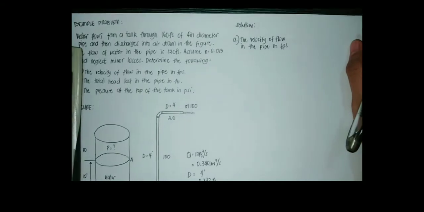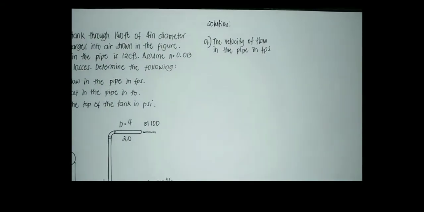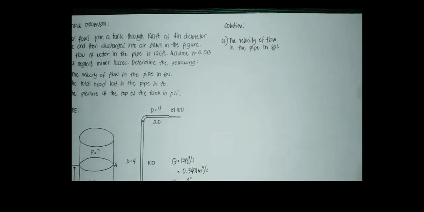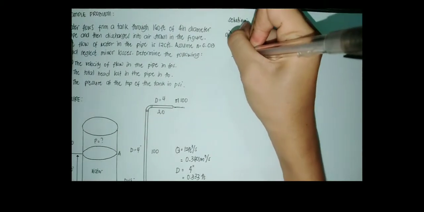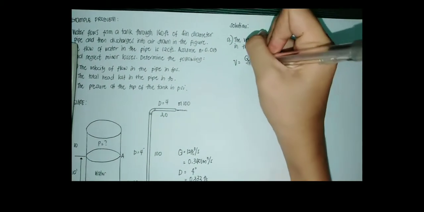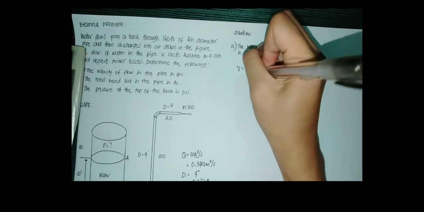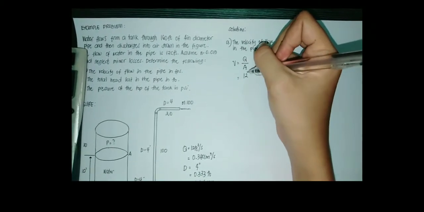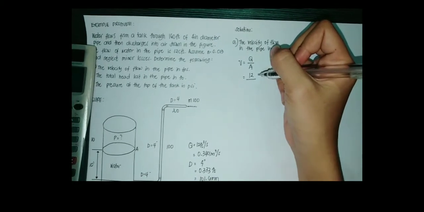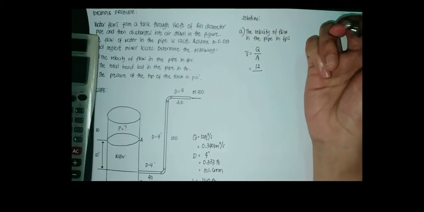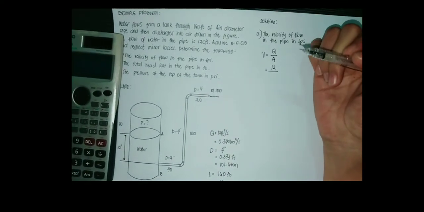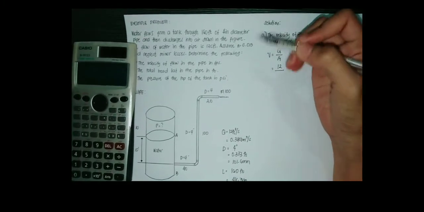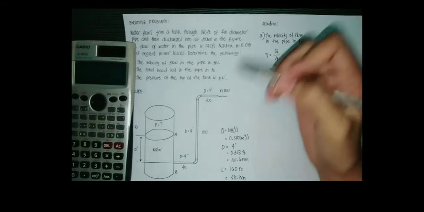This is the solution for the velocity of flow in the pipe in feet per second. We apply the formula: velocity is equivalent to flow rate over the area. Our flow rate is 12 feet cubed per second, over our area. We know how to get the area.